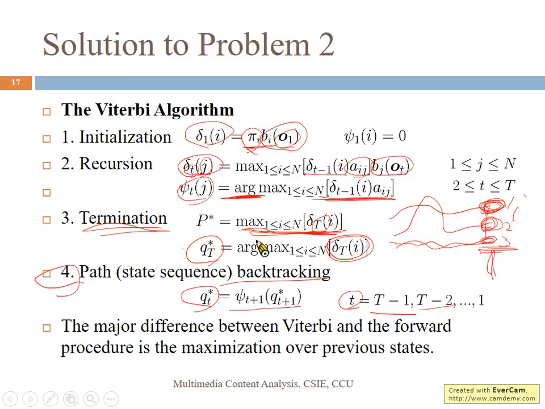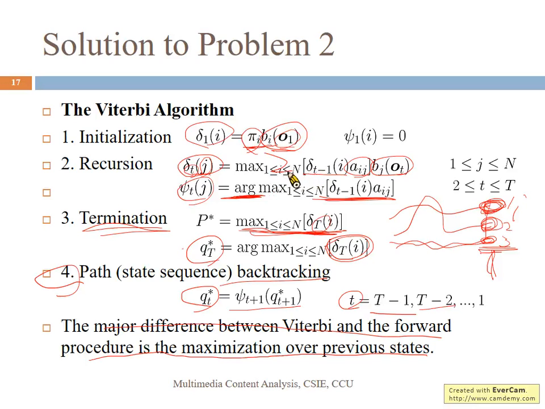You may find that the algorithm is quite similar to the forward procedure we mentioned above. In fact, the major difference between Viterbi and the forward procedure is the maximization over previous states. In the forward procedure, we sum over all possible situations over previous states.